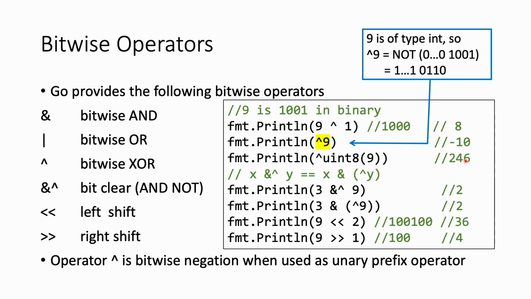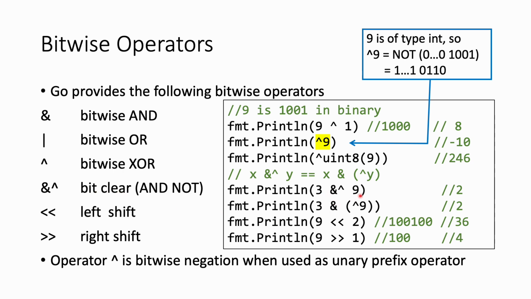The next bitwise operator is the combination of the bitwise AND and the bitwise negation, and it is denoted by the ampersand followed by the caret, and it is called the bit clear operator.